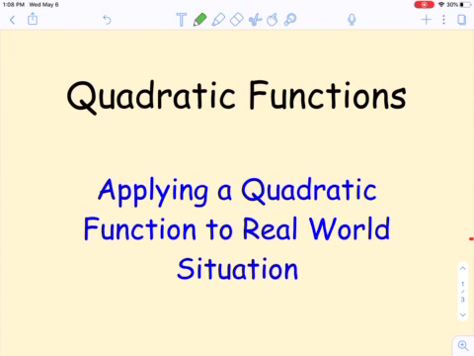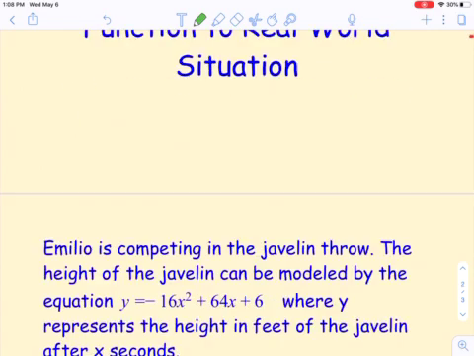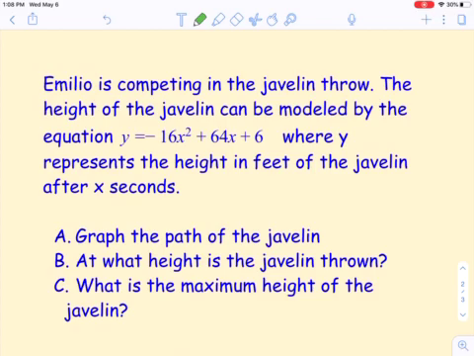So we're going to look at a problem now where we're actually going to use this to help us predict something. As you may or may not know, whenever you throw something, it takes this track that they call a parabolic trajectory, right? It rises up to a certain point, and then gravity takes hold, and it starts to come down.